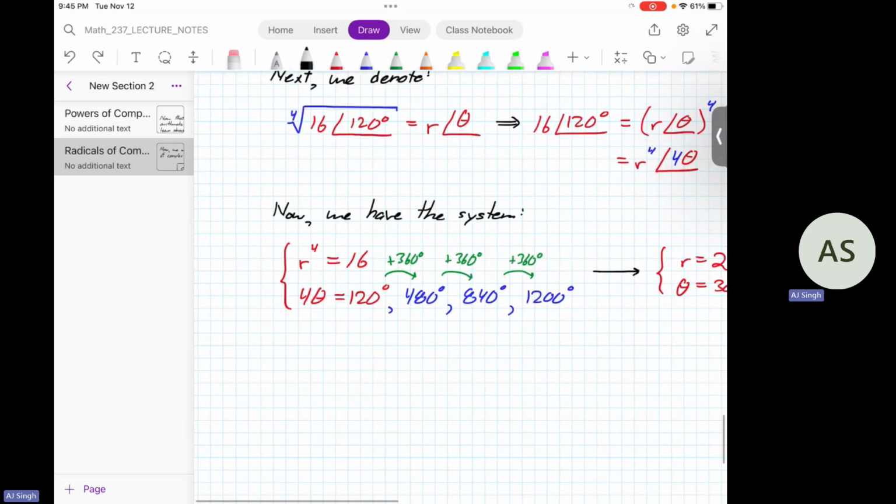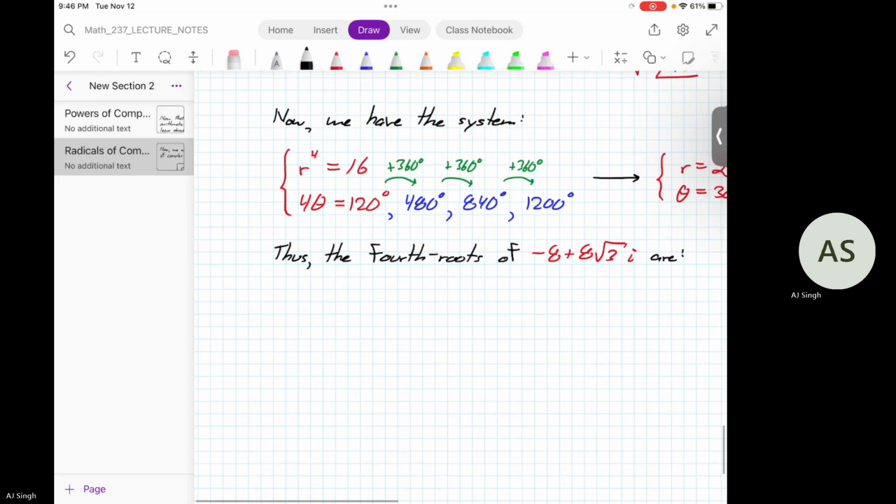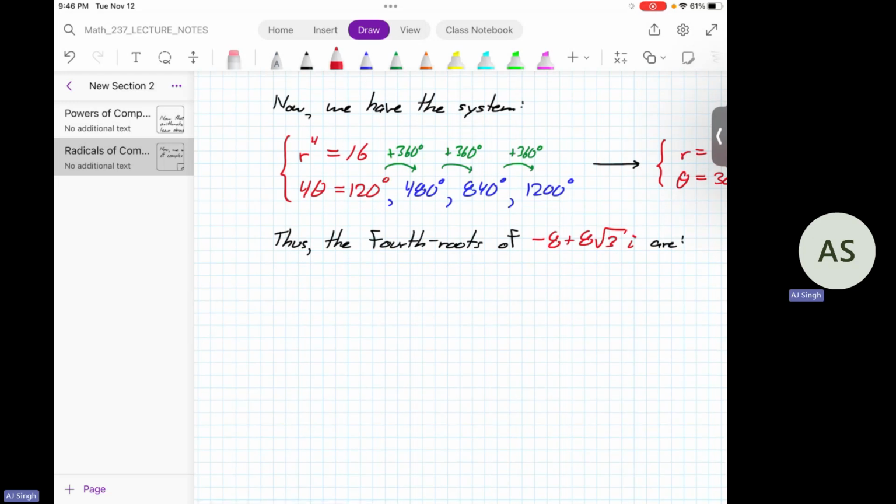So I'm going to say thus, the fourth roots of -8 plus 8 root 3i are, so we'll denote them as Z1, Z2, Z3, and Z4.